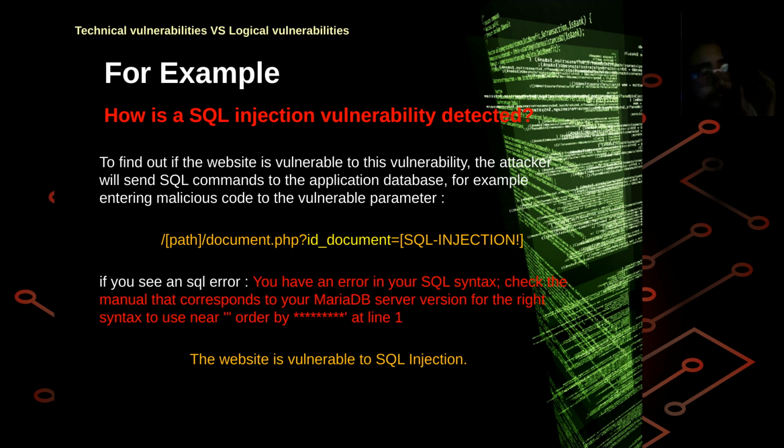As you can see, we have a path, we have a file document.php, and we have an ID parameter, and then you can send malicious SQL commands in order to get access to the database of that service.